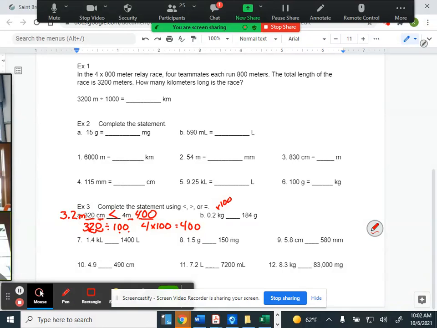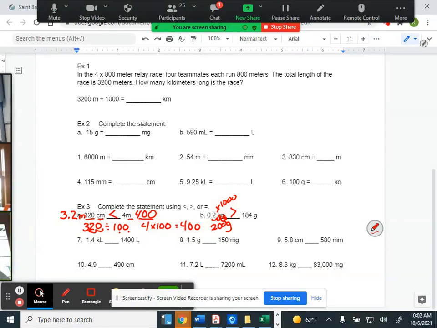Going too quick for my own good. So 0.2 times 1,000, I'm going to move that decimal place over 3 spots. So that gives me 200 grams and 184 grams. So 200 I know is bigger than 184.